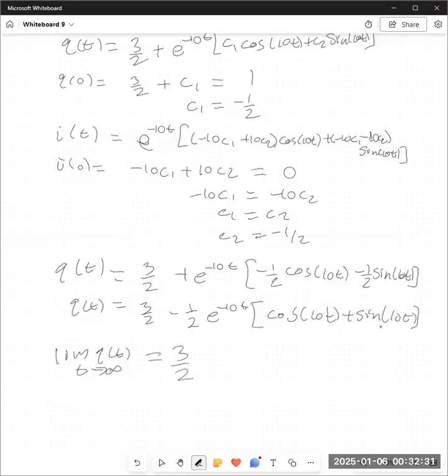So that's going to go to 3/2 of a Coulomb for my charge. But they wanted us to find the equation for the charge on the capacitor at any time before we answered the question about what happens after a long time: the charge on the capacitor approaches 3/2 of a Coulomb.